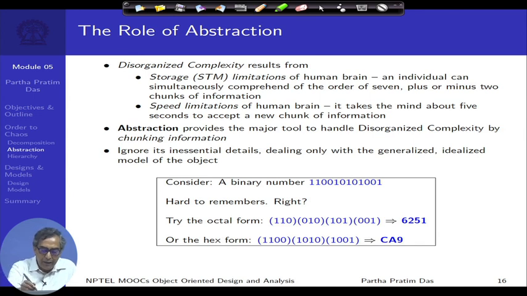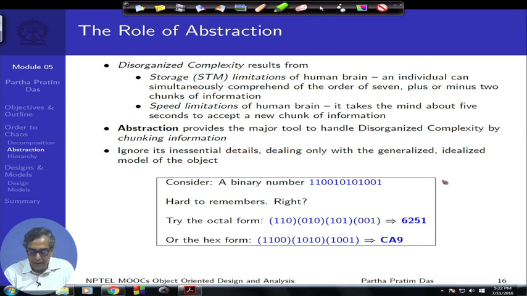So, here just as a side note, I give an example of chunking. Suppose you are given this binary number to remember, and I am sure many of you are young and have sharp memory, but you will still have a little bit of an issue remembering it. But suppose I chunk it into 3 bits together. This is the same string. I just chunked it into 3 bits together, and then consider these as octal numbers.